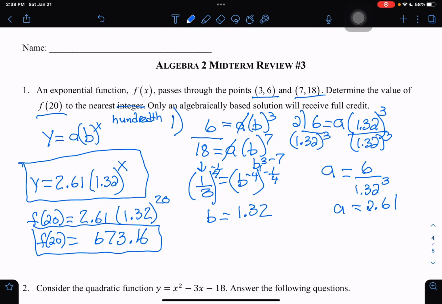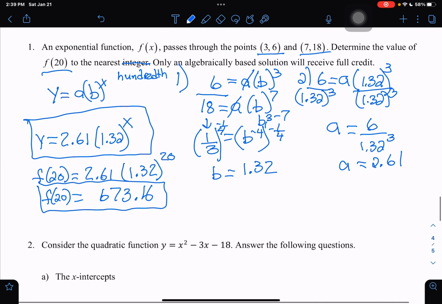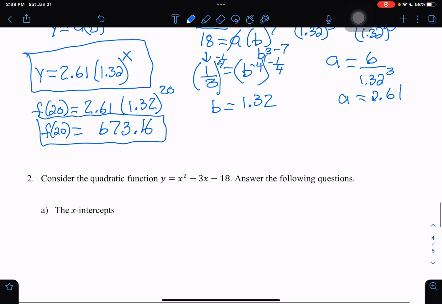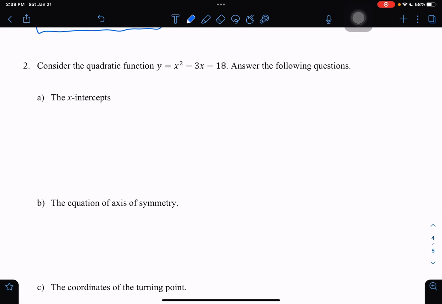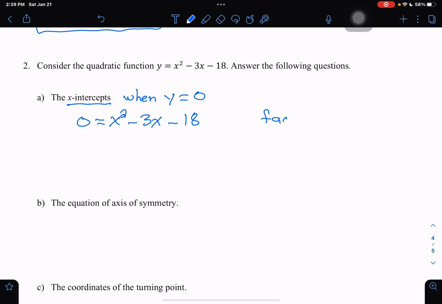All right, and finally, a parabola. I really hope everybody can do all this in the parabola and get full credit, because this is one of the second parts that are worth the most. The x-intercepts happen when y is equal to 0. So 0 = x squared minus 3x minus 18, and we have to factor.